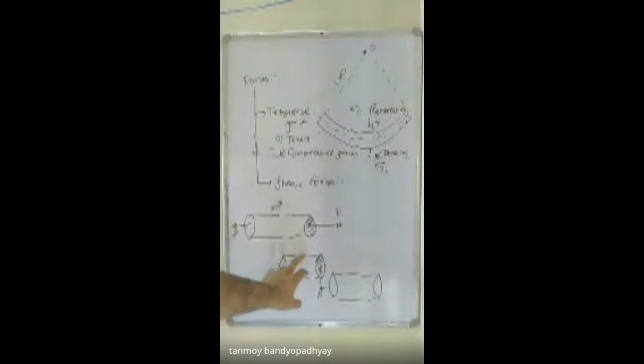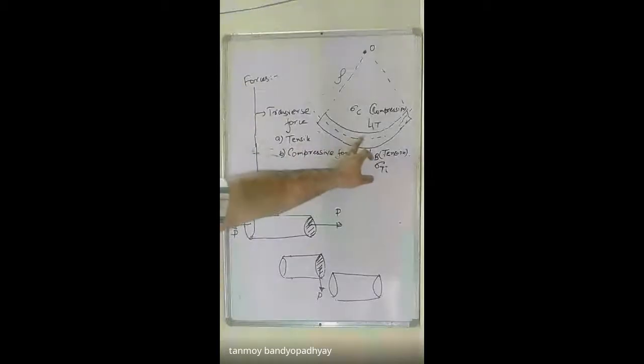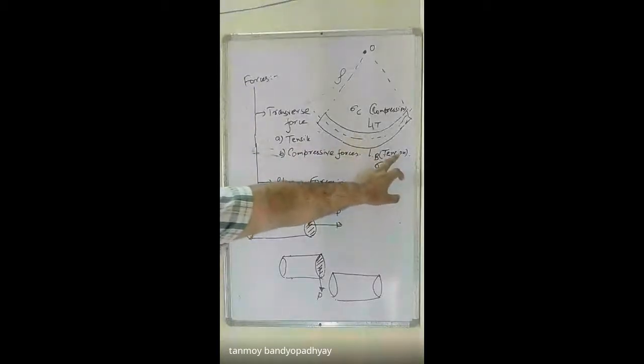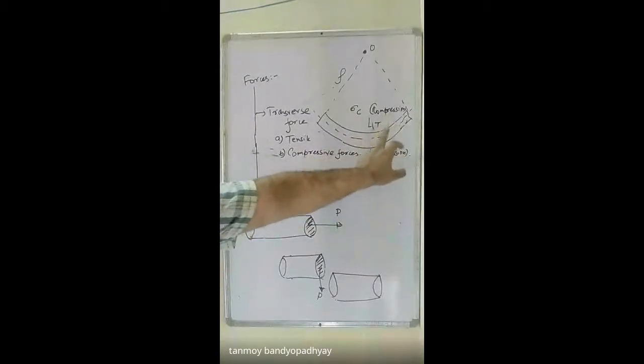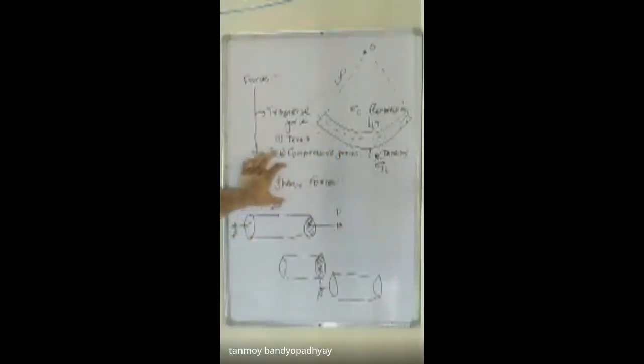Understood? Whenever the load is parallel to the cross section on which it is acting, we get shear forces. And whenever the load is perpendicular to the cross section on which it is acting, we get transverse forces, which can be either tensile or compressive. In the case of bending, I have either tension or compression. In no case will I have the effects of shear forces.